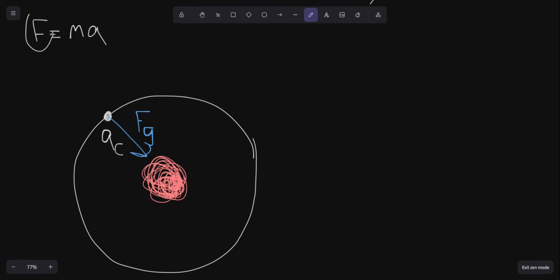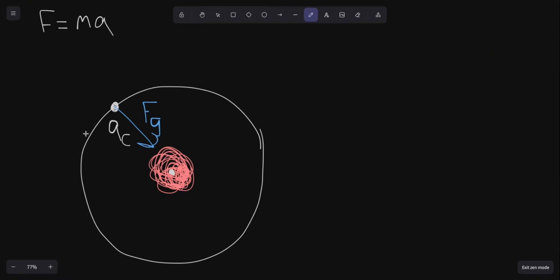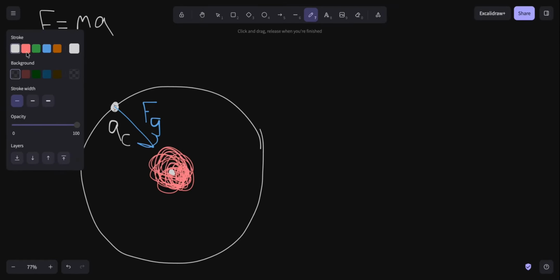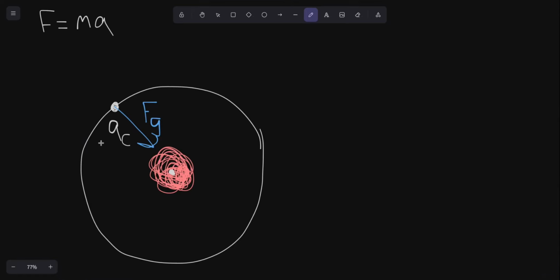Force is a vector quantity, so it has a specific direction. Mass is a scalar quantity, and acceleration is a vector quantity. So whichever direction force is pointing, acceleration also has to be pointing in the same direction. Okay? So we're going to be pointing towards the middle. All right, so wherever is like the middle of the circle, we're going to be pointing towards that. Now, what about the velocity? What do you remember from physics?